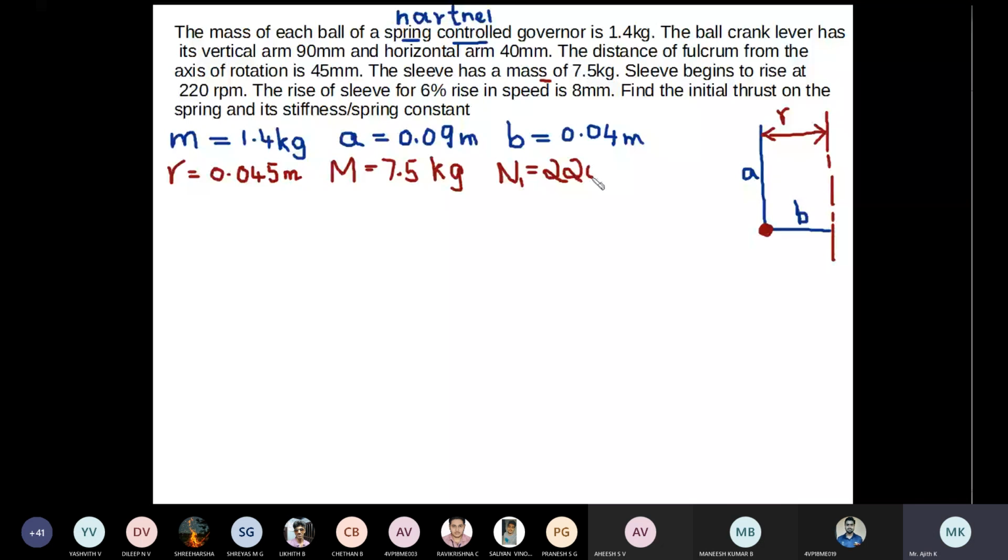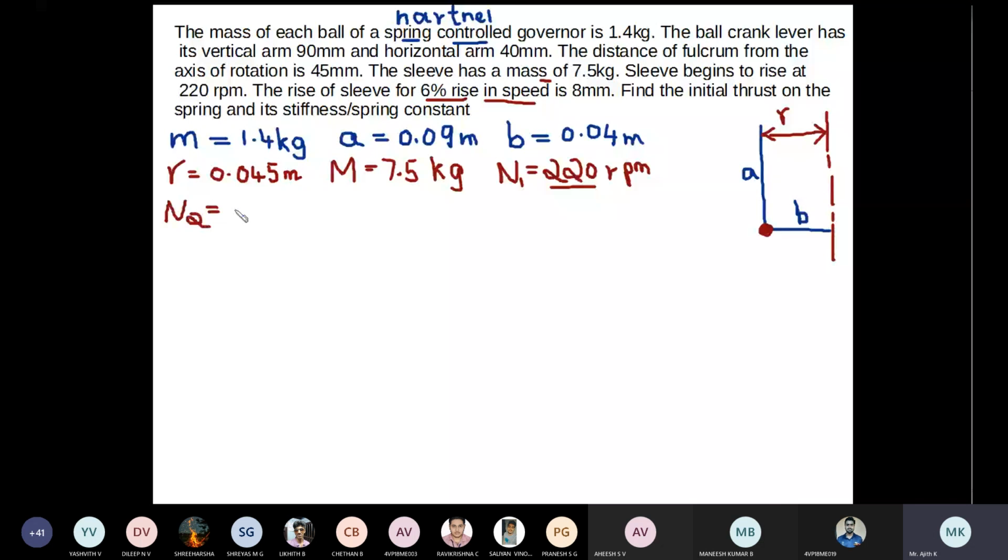In the next sentence, it is given that rise of sleeve for 6% rise in speed is 8 mm. That means this was the initial speed or minimum speed, and when the speed rises by 6%, that will be the N2 value. So you can calculate N2. N2 is 6% greater than N1.